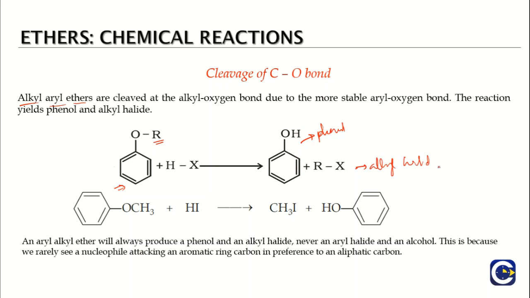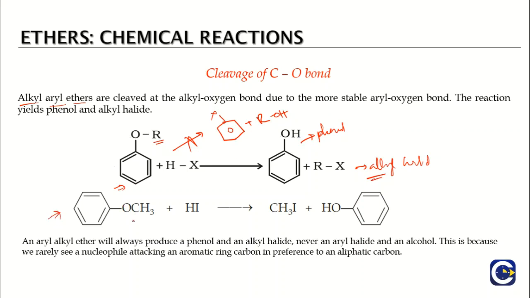In alkyl aryl ethers, the products are always phenol and an alkyl halide, and we can never obtain an aryl halide and an alcohol. That is not a possibility in this particular reaction. We always obtain the phenol and the alkyl halide. This is an example of this reaction.